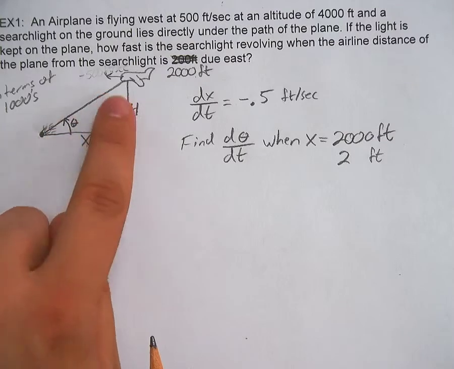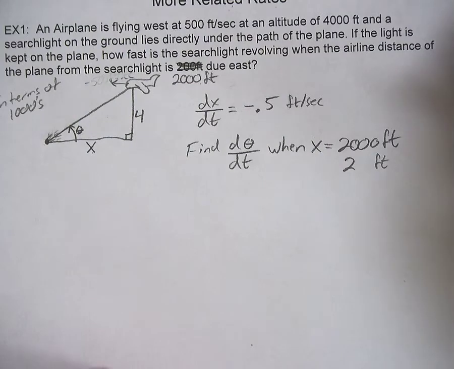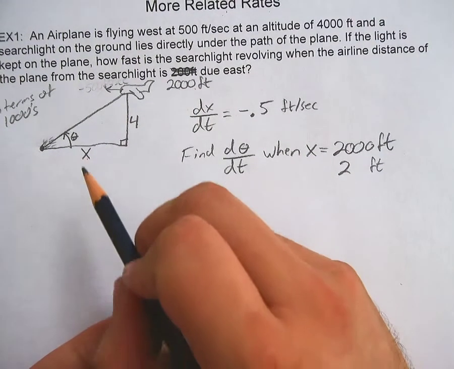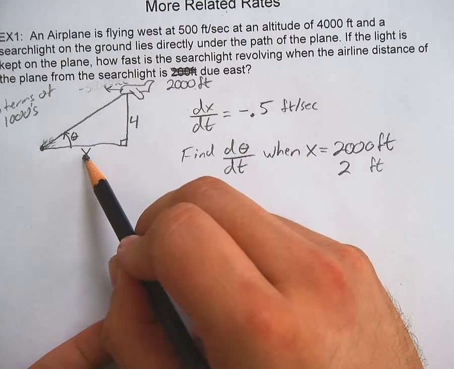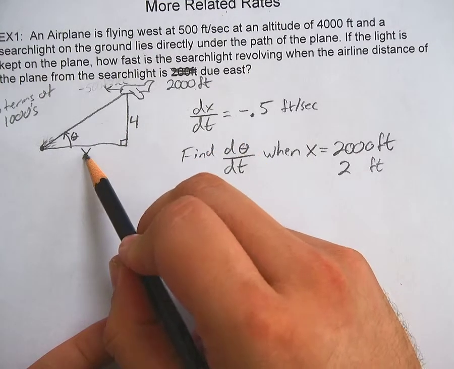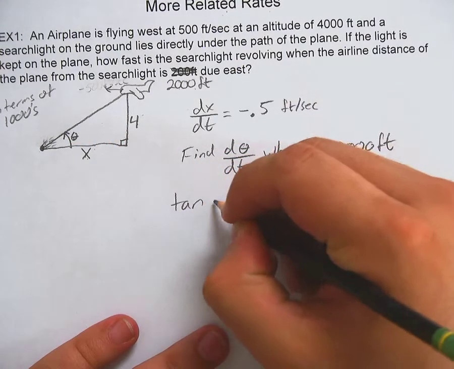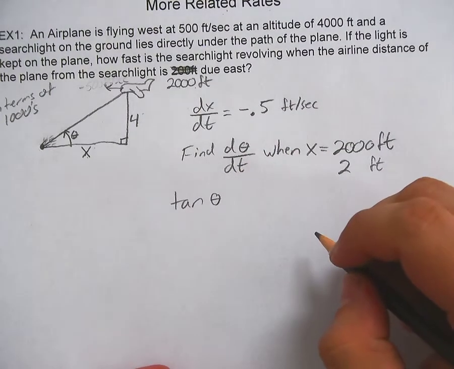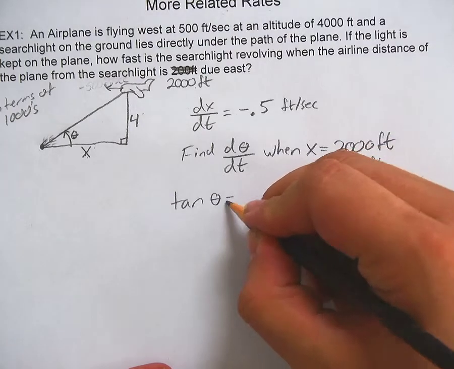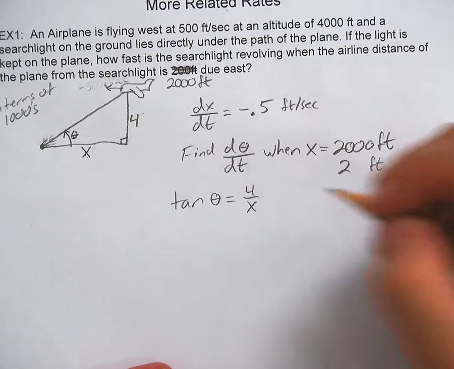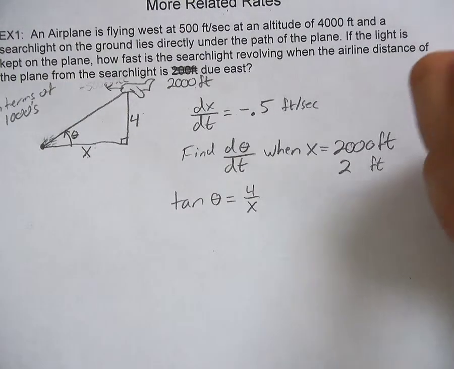If this is a right triangle here, which we know it is because it's going to the ground, obviously, I need a relationship between an angle and the opposite and adjacent sides of the angle. Something kind of like tangent of theta. Tangent of theta is equal to opposite over adjacent, 4 over x. Yeah, why not? Let's do this thing.